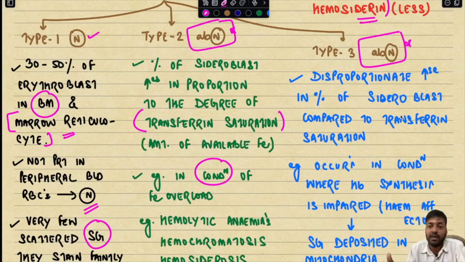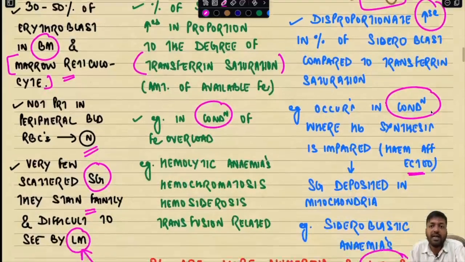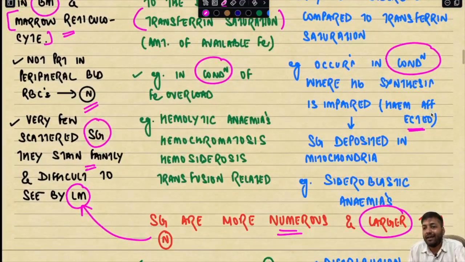This is in type 3 sideroblast, which is mainly present in conditions of abnormal iron metabolism. It occurs in conditions where hemoglobin synthesis is impaired, so heme synthesis is affected, and there is a disproportionate increase in the percentage of sideroblasts as compared to transferrin saturation. Because of abnormal iron metabolism, the siderotic granules start depositing in the mitochondria.